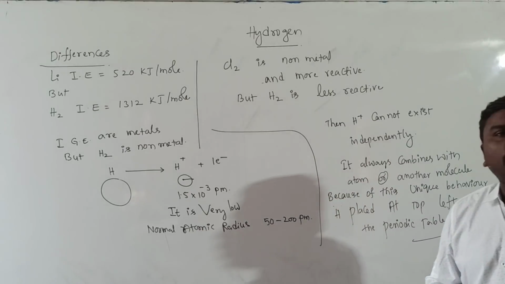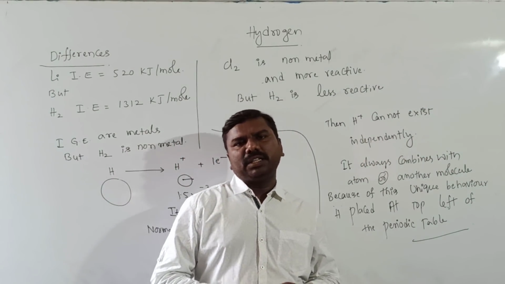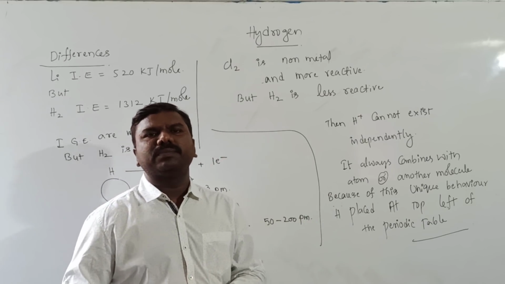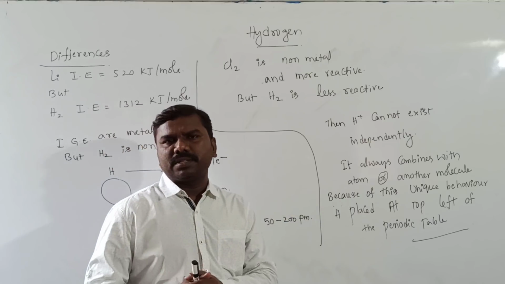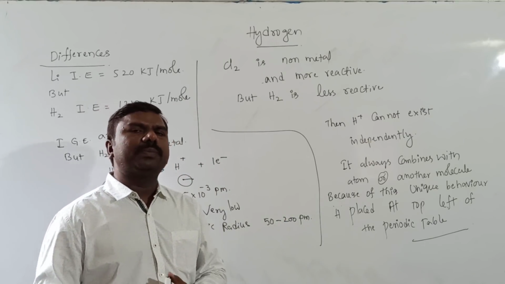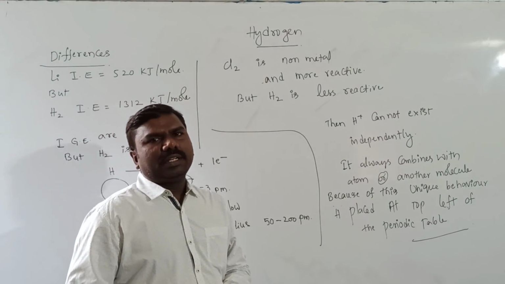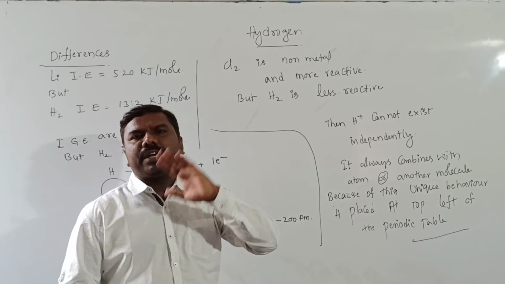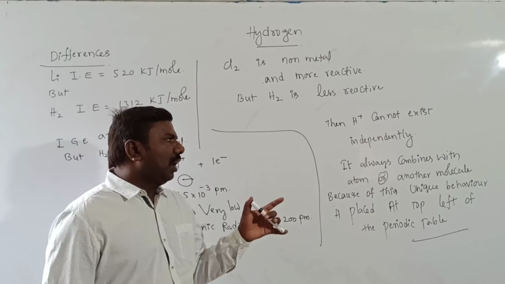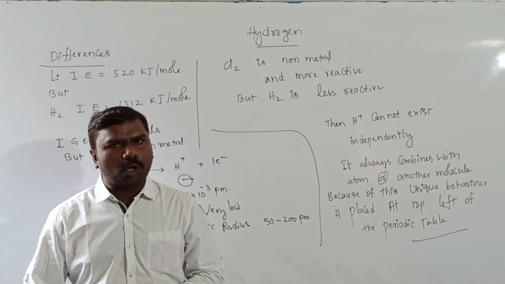It is a debatable topic to place hydrogen in the first group or the 17th group. Because of the unique character of hydrogen and the similarities and differences in properties of hydrogen with the first group and 17th group, there is a confusion. That's why it is placed at the top left side of the periodic table. This is the position of hydrogen in the periodic table. Still it is a debatable topic.